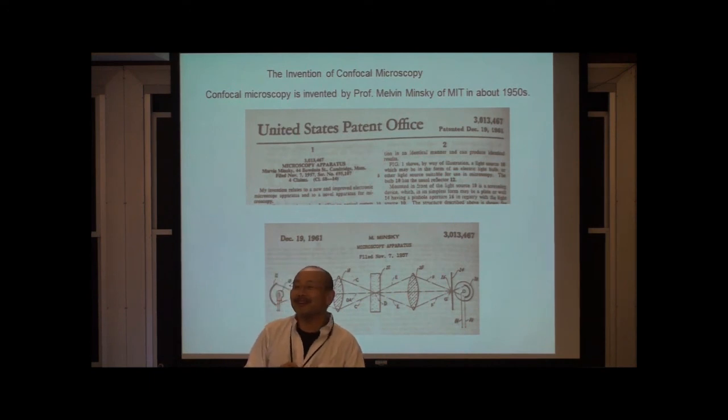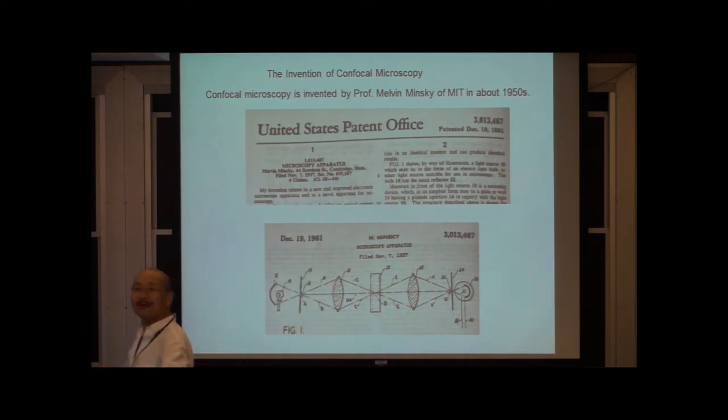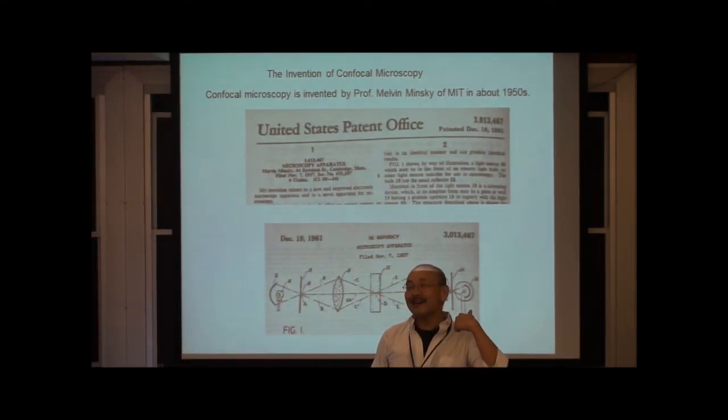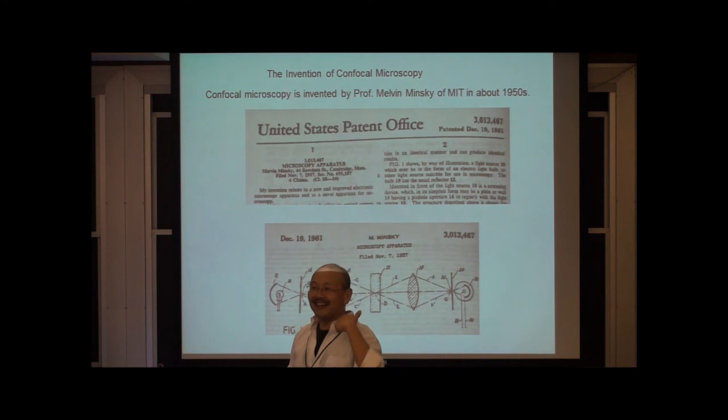In fact, Dr. Minsky himself at that time didn't have the means to generate a three-dimensional image from the data. There were computers in the 1960s, of course, but even a computer sitting on your desk today is probably more powerful than a computer that filled a room in the 1960s. So there are a number of technological reasons that the invention of Dr. Minsky did not take off in the 1960s.